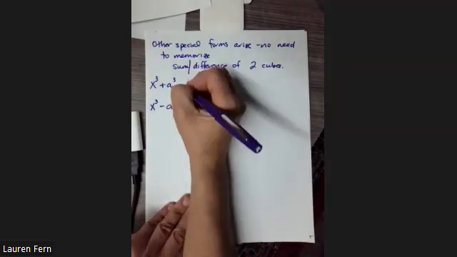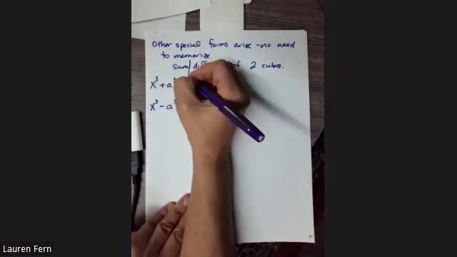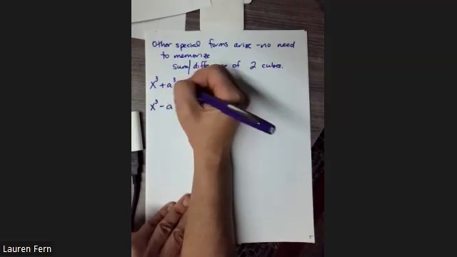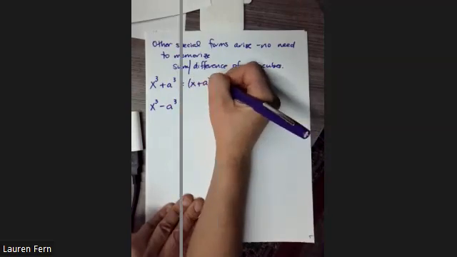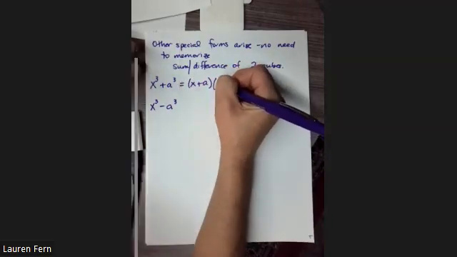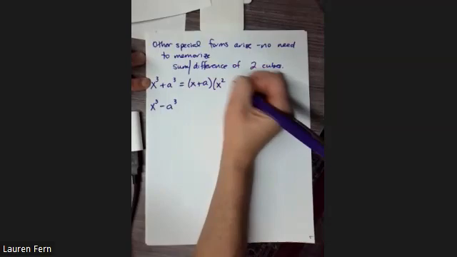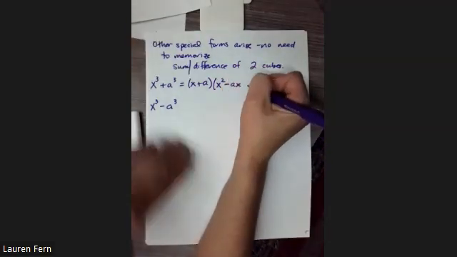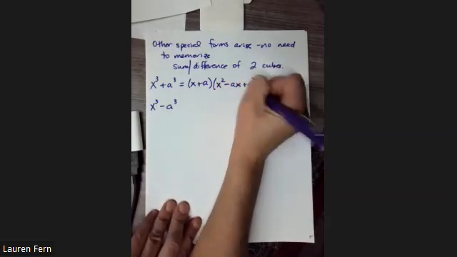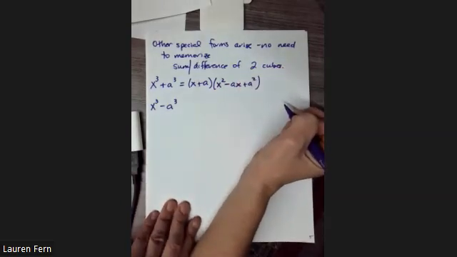And what I'll say, if you want to see what this looks like, is when you have x cubed plus a cubed, you take the first thing that's being cubed, add it to the second thing that's being cubed, and then you take the first thing that's being cubed and you square it, minus the product of those two, plus the second thing that's being squared.